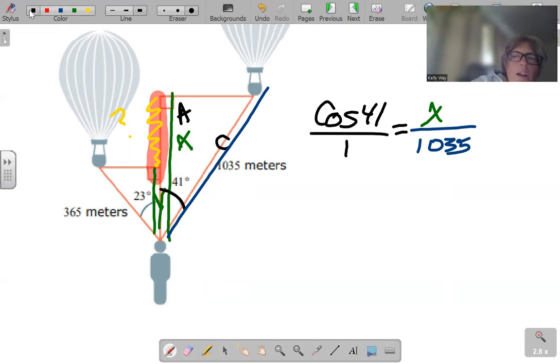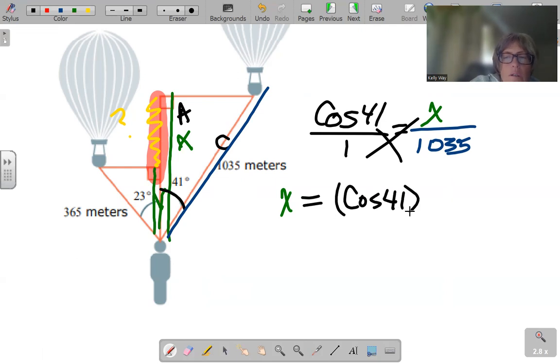I'm going to cross multiply. So x would equal cosine 41 times 1,035. Stop there. Don't do the math yet.